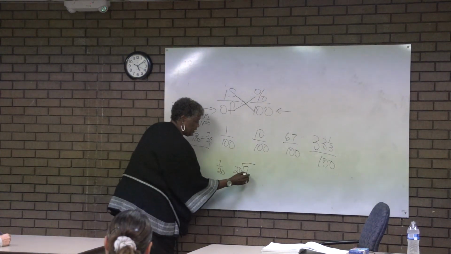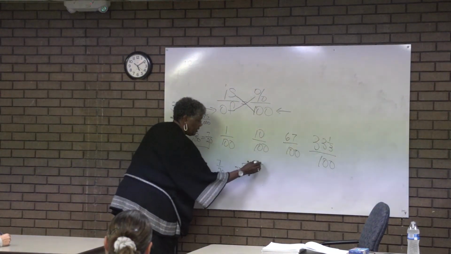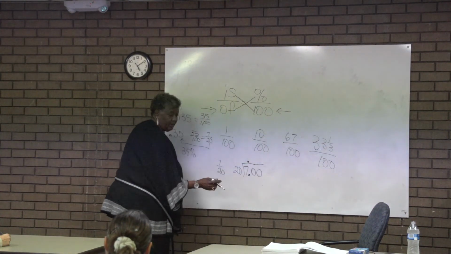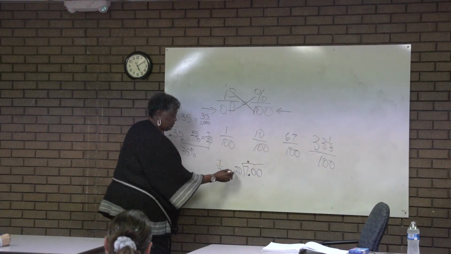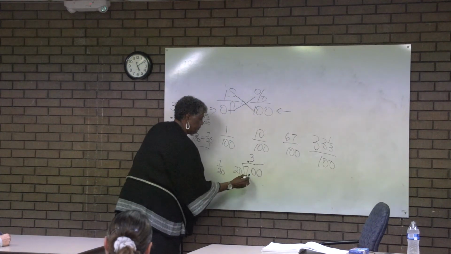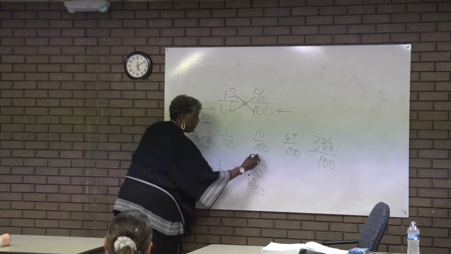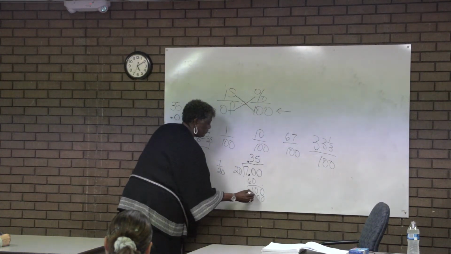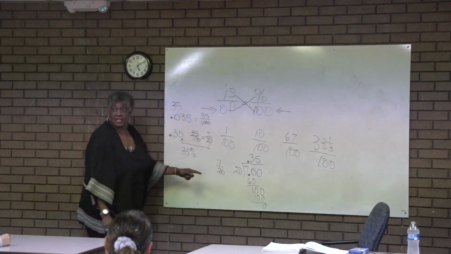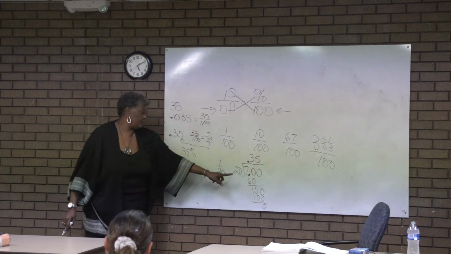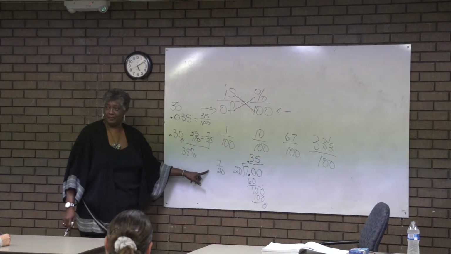I'd have to add my decimal point and just a couple of zeros. May have to add more, but we'll start with a couple. 20 will go into 70. 20 will go in 100. So that's how we get this as a decimal from this as a fraction.